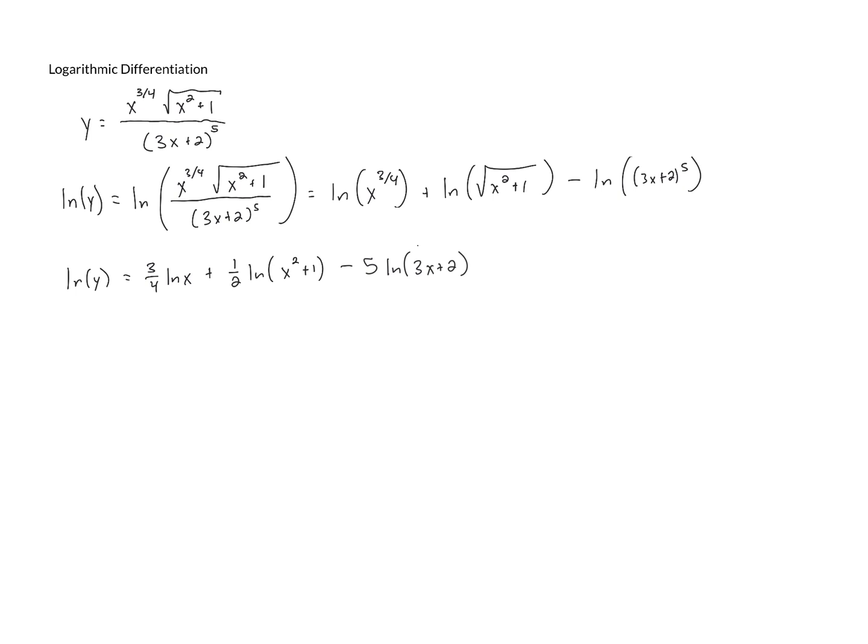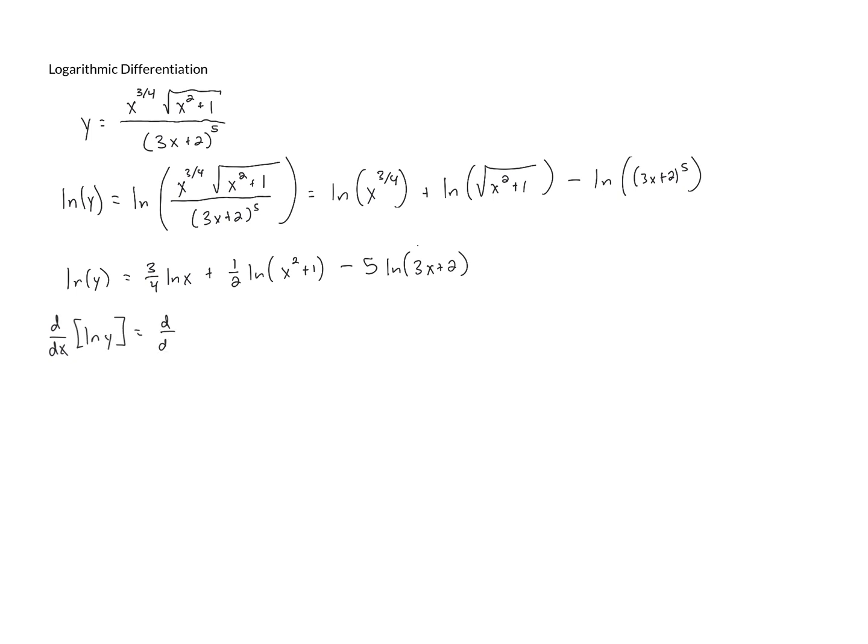And now that we've taken the log of both sides and we've used the laws of logarithms to split up and expand what we have on the right-hand side, we can use implicit differentiation, and it's really not going to be that difficult. All right, so let's differentiate both sides with respect to x.